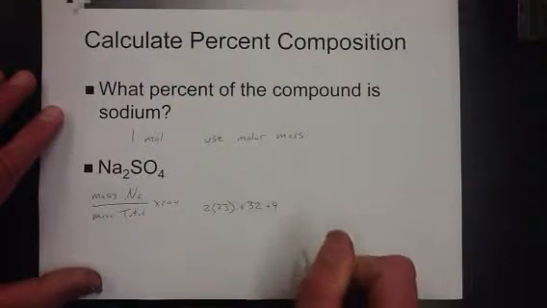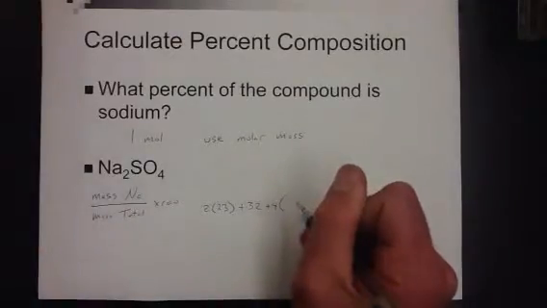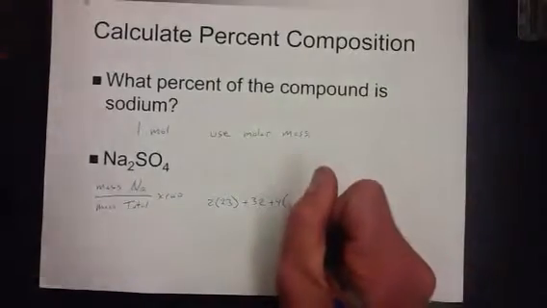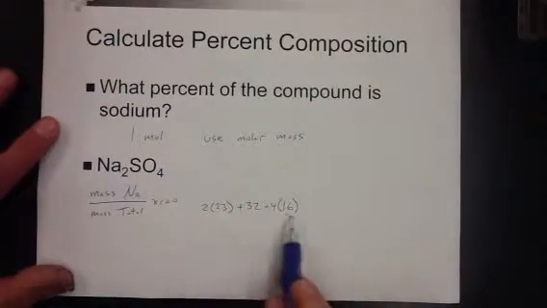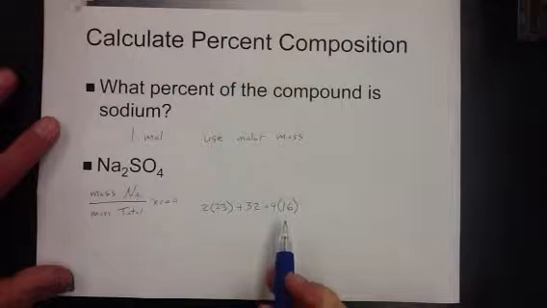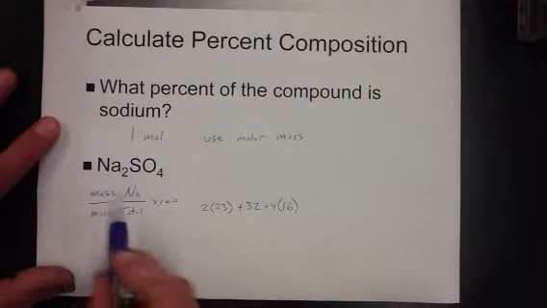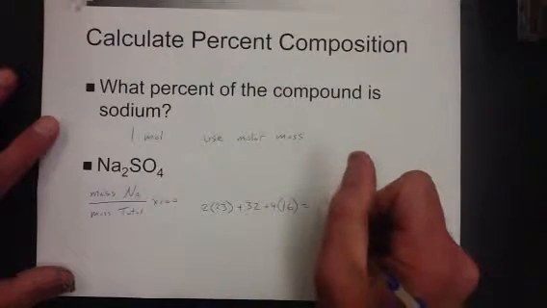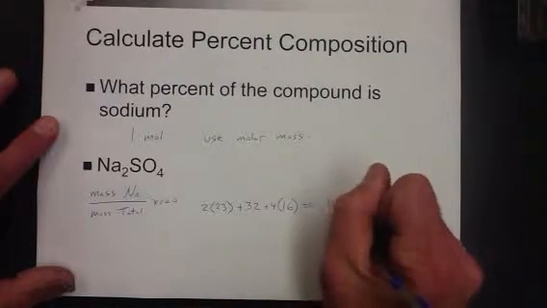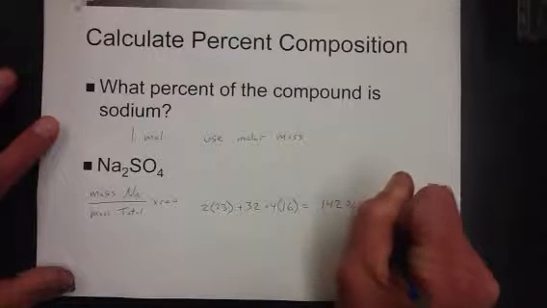And then we have 4 oxygens, so we're going to do 4 times the mass of oxygen, and the molar mass of oxygen is 16 grams per mole. So by doing this, we're going to figure out the molar mass of the compound. And so for that, you get 142 grams per mole.